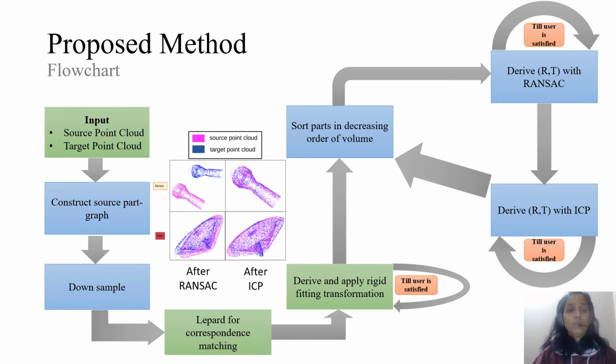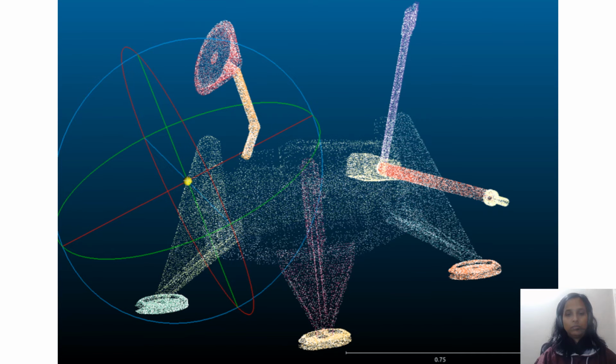Since ICP assumes that the source and the target point clouds are spatially close, we initialize the ICP algorithm with the transformation obtained from RANSAC. The output of this step is also a rotation and translation for the part in question. The final output looks like this.